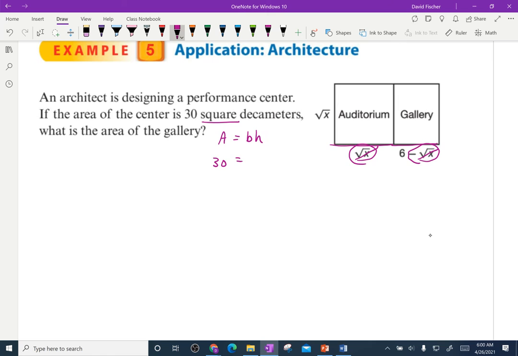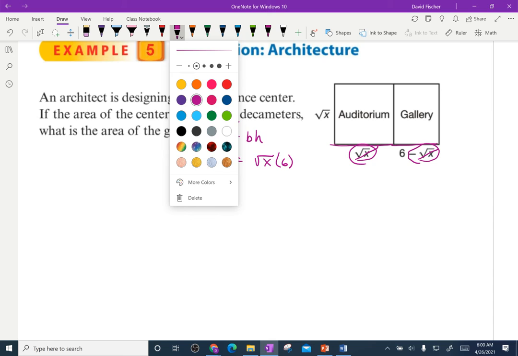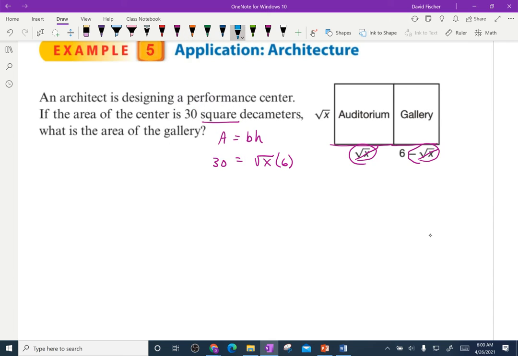So then I have square root of x times 6, base times height. Well, I want to get the square root sign by itself, so I want to divide by 6. So now I've got 5 equals the square root of x. If I square both sides, I get x equals 25.